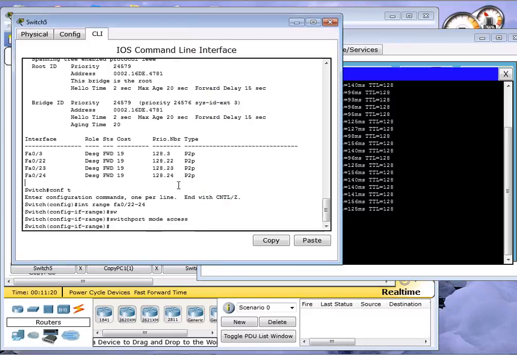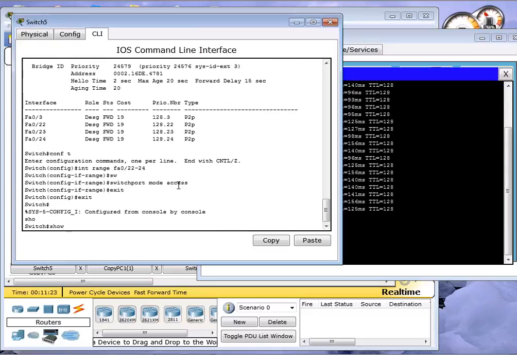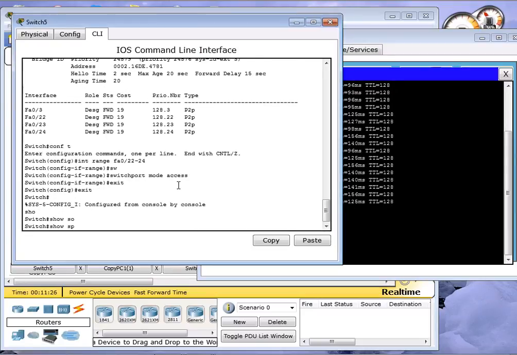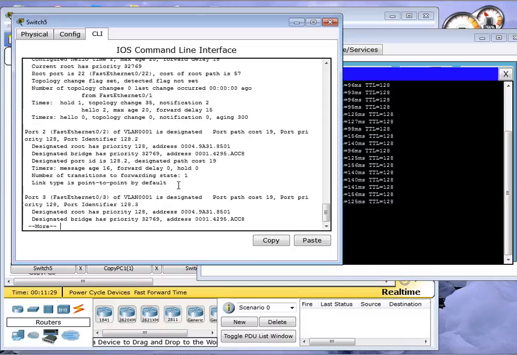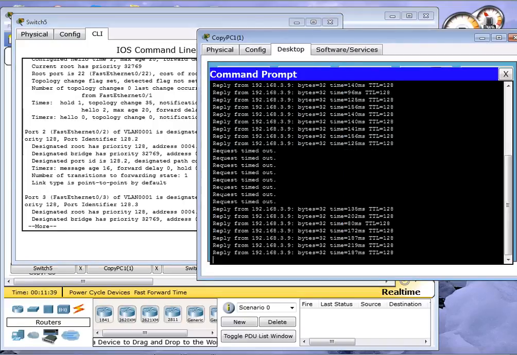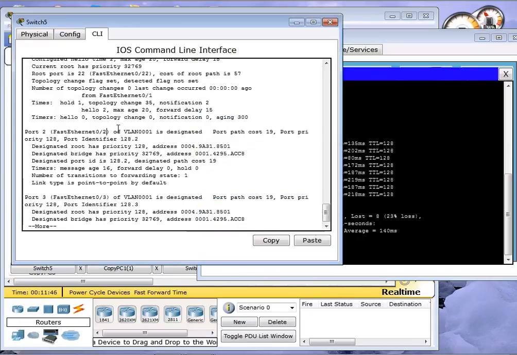And why do I say it should take 50 seconds? I don't know if it actually took 50 seconds or not, but I say it should take 50 seconds because based on our timers, that's what it should take.